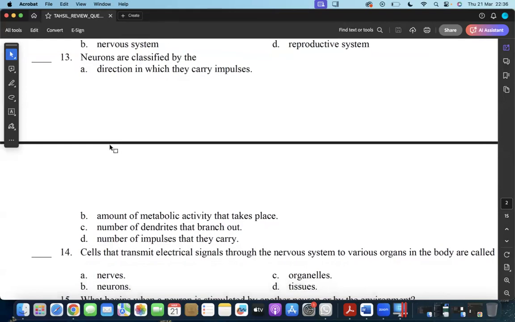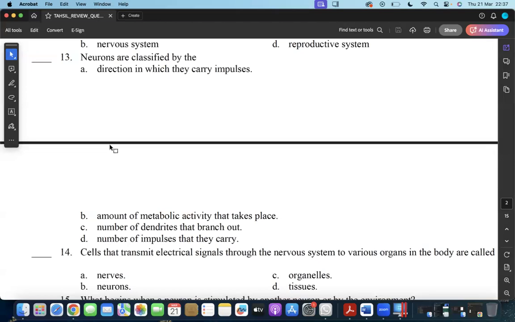What are the conditions we use to classify the neurons? One says direction in which they carry impulses. Option B says amount of metabolic activities that take place. Option C says number of dendrites that branch out. D says number of impulses they carry.